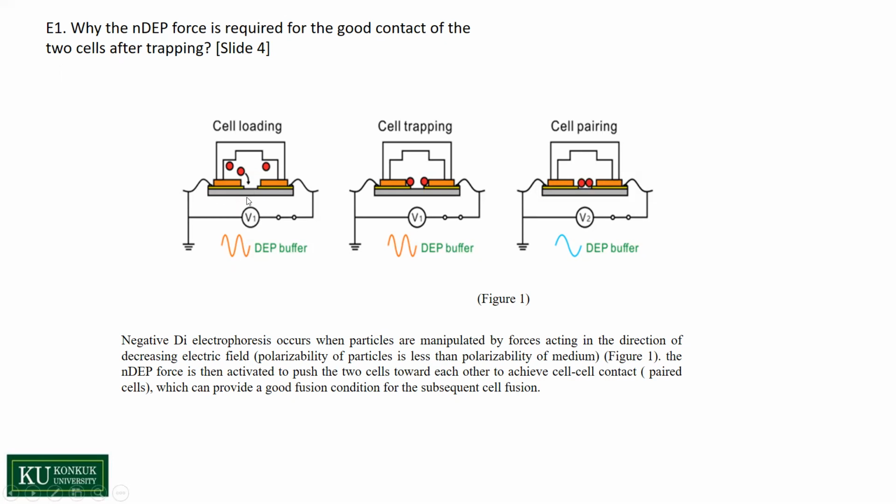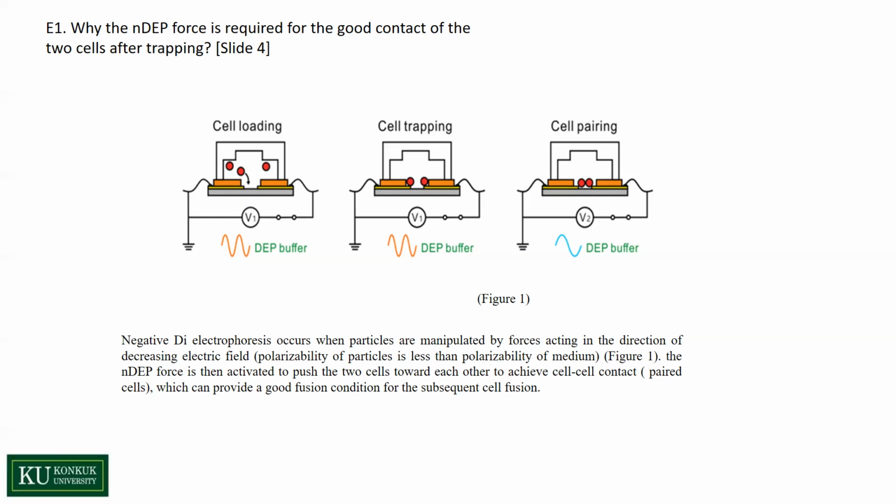So after trapping in the trenches, the cells have a good distance. For good fusion conditions, they need to contact each other. For this, to reduce the distance, a negative dielectrophoresis force is applied.